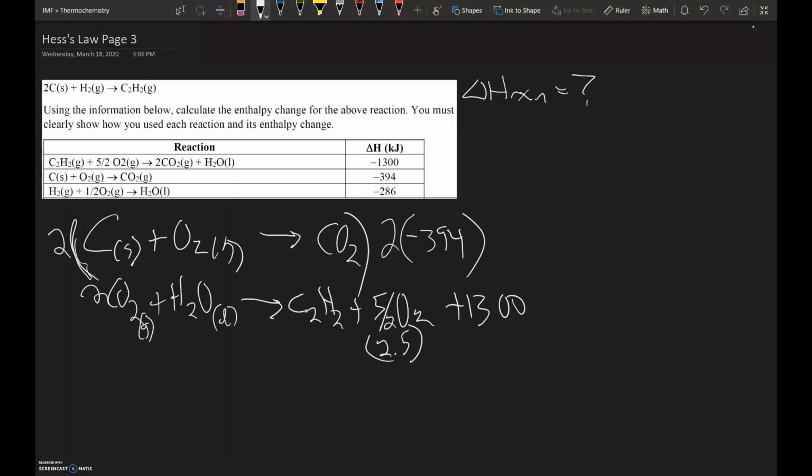So there's one more step we can use, and that is the last step. If we pay attention to the overall equation, we have hydrogen gas left, and in that last step, hydrogen gas is the first reactant, so we are going to keep that with it. We have half oxygen yields H2O liquid.